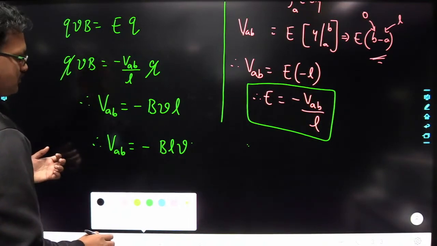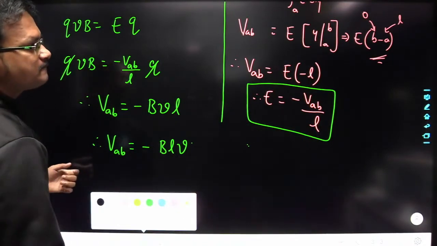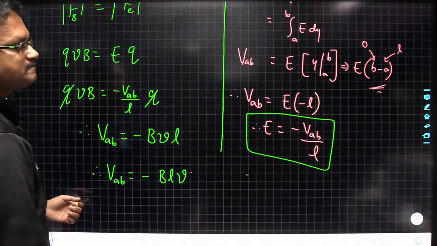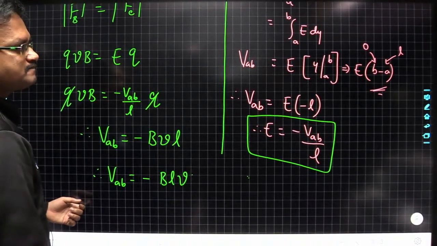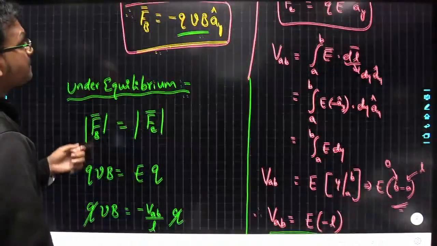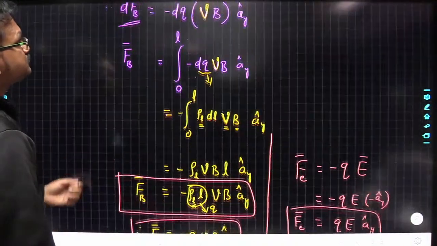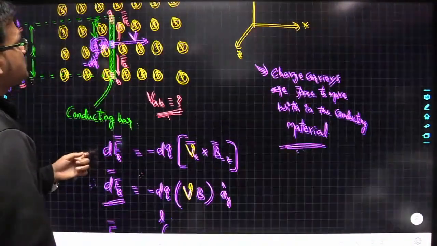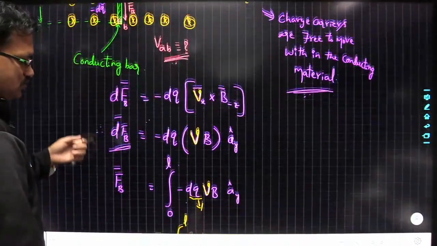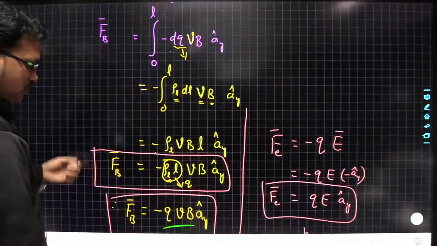We have done something. You have to get VAB positive here, right? Yes, VAB must be positive. So where have we done something wrong here?